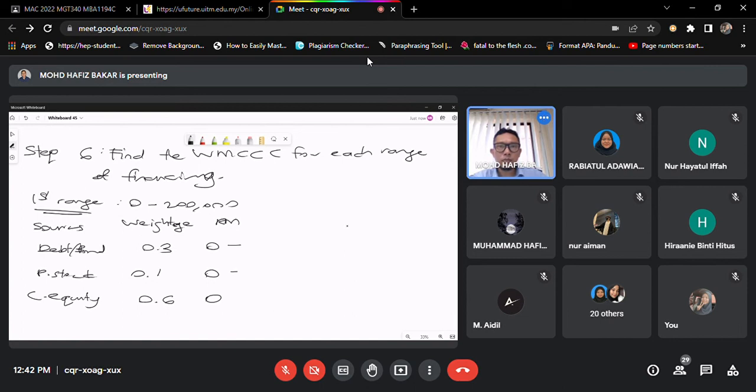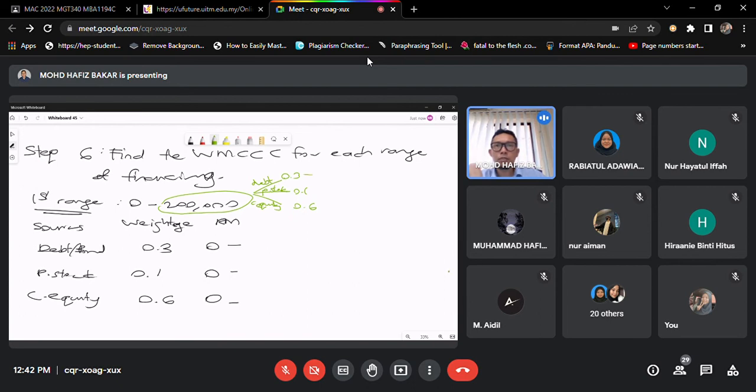So until what limit? So nak identify what limit, you need to calculate. From this 200,000, you calculate the weightage. Okay, debt 0.3, preferred stock 0.1, common equity 0.6. So you need to times 200,000 times this value in order to get this value.